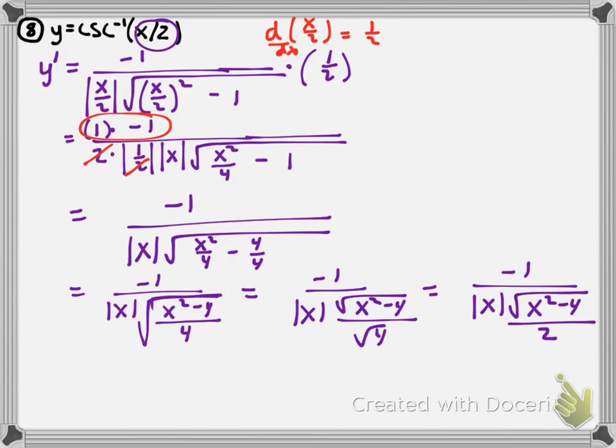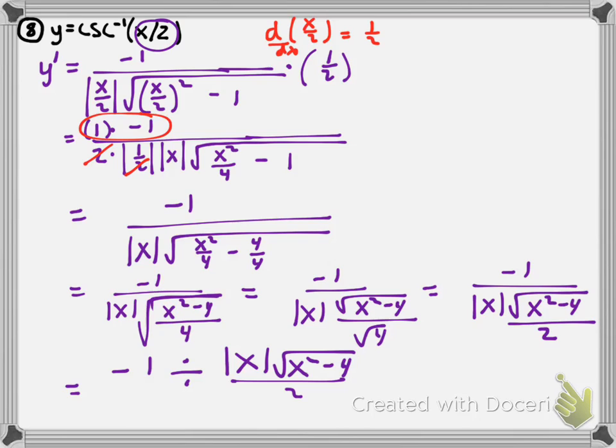So think about this. It's kind of hard to see that, but if we write it as -1 divided by absolute value of x times radical x squared minus 4 over 2, it's just like, boy, I'm really making a mess of this. I'm going to flip this fraction over and write it like this.